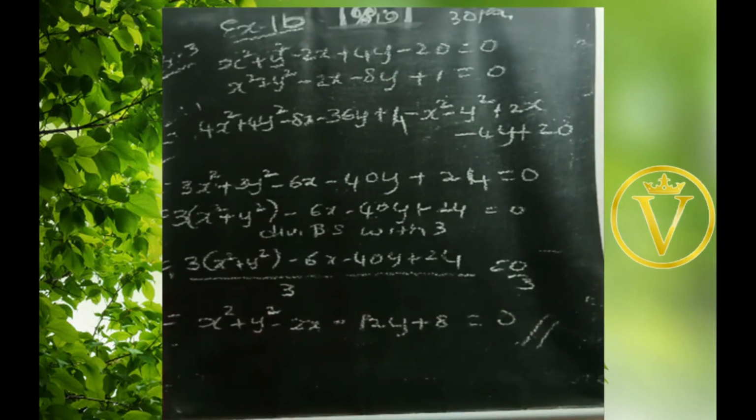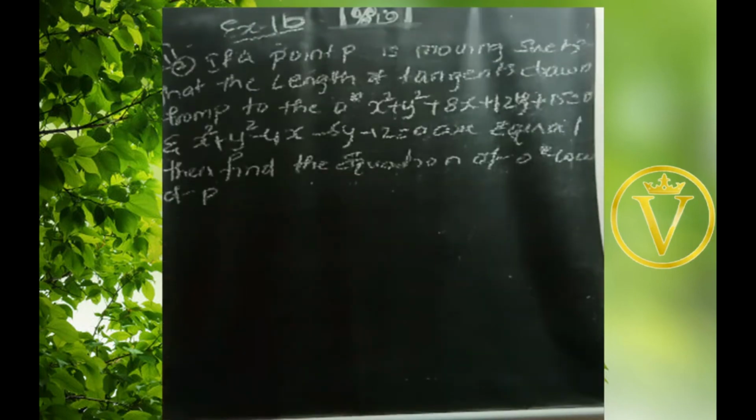That's it. We have proved it. Next we go for another problem. Our next problem is: if a point P is moving such that the lengths of the tangents drawn from P to the circles are equal. Same as the previous problem, two circle equations are given, but without giving any ratio, they have said these two lengths are equal.